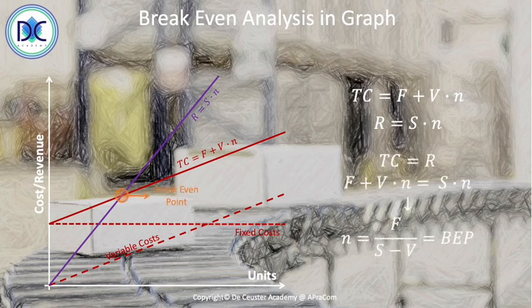The total cost is equal to the revenue, and we can find the break-even point, which is given by the fixed cost divided by the difference between the unit sales price and the unit cost. And we see the orange circle indicated what we call the break-even point.